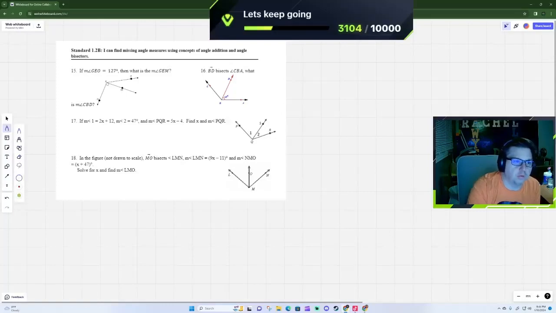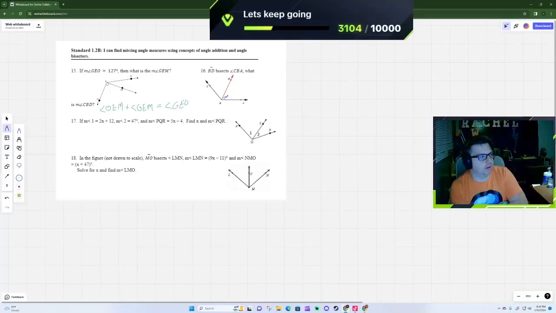So we are going to do the first piece. I'm going to call it OEM. And that's angle OEM plus GEM. So angle OEM plus angle GEM equals the whole angle OEG or GEO.